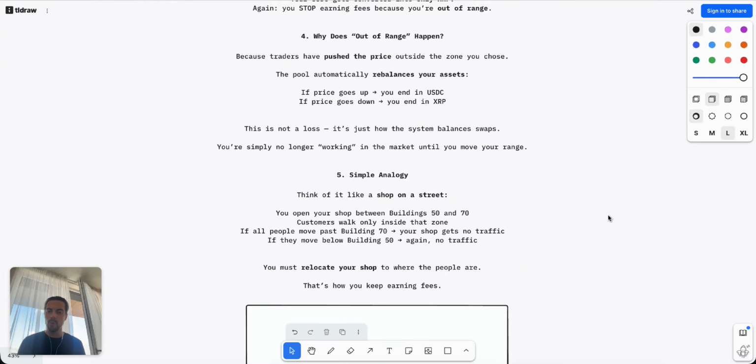If all people move past building 70, so they are no longer visiting 70 and below, your shop gets no traffic, no people are walking here, right? And if they move below building 50, again, same thing, no more traffic, no more customers. Everyone is moving somewhere else, between buildings 30 and 49, for example, right? So you must relocate your shop to where the people are. So that's how you keep earning the fees.